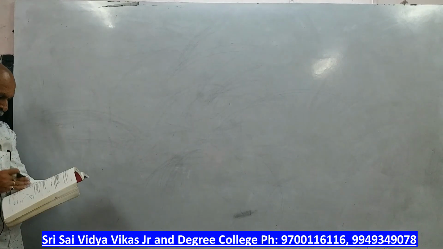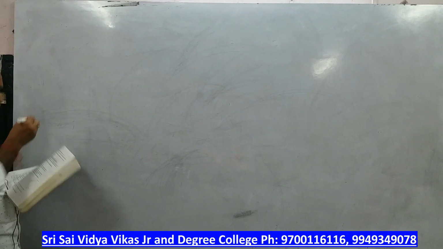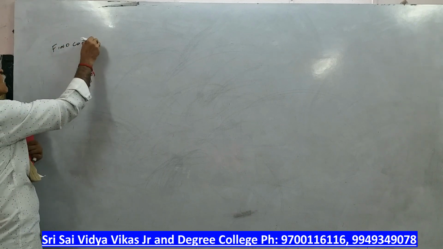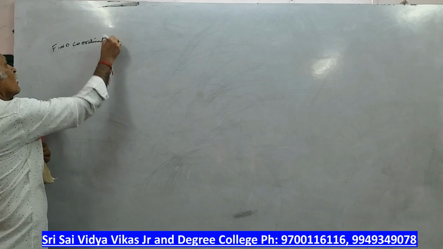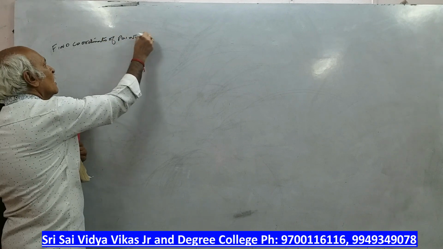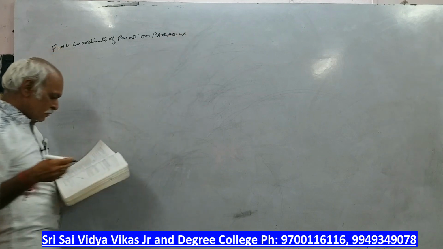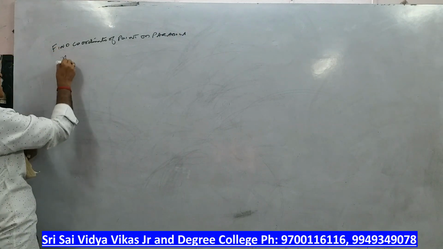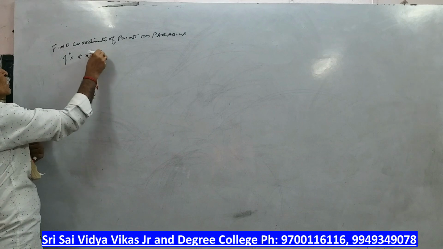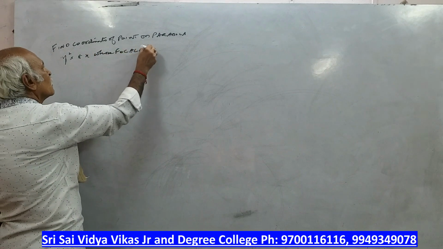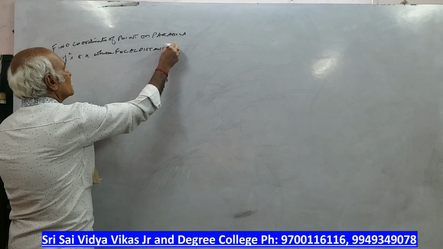One more problem. What is the problem? Find the coordinates of the point on the parabola y square is equal to 8x, whose focal distance is 10.